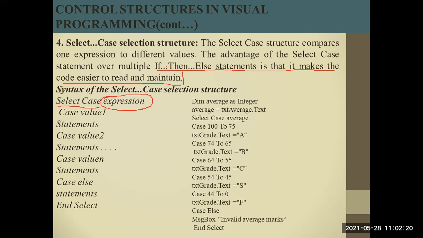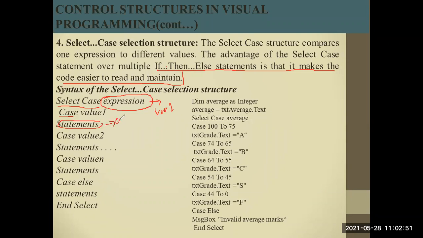Basically, the expression is a combination of mathematical or logical operators. Based on this expression, it will give some values, basically integer type values. These integer type values are treated as a case. Now I can say case 1: if the expression output is equal to value 1, I will go for the action that is performed inside case 1.